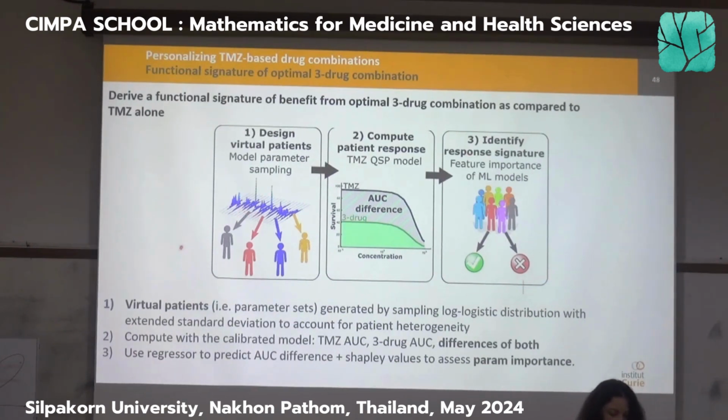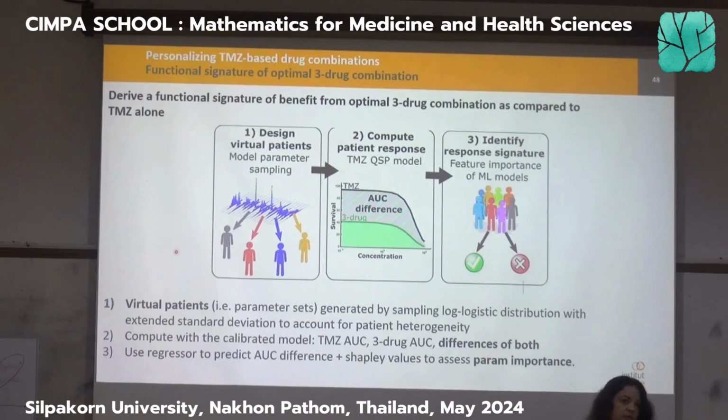So the first part here, what I call a virtual patient, in terms of mathematics, is clearly just a parameter set. So here we are going to use the Vine copula, because the Vine copula was really just for the cell line that we have used, so we can say it's more or less for one patient. On the opposite here, we want to have a patient population with a larger heterogeneity.